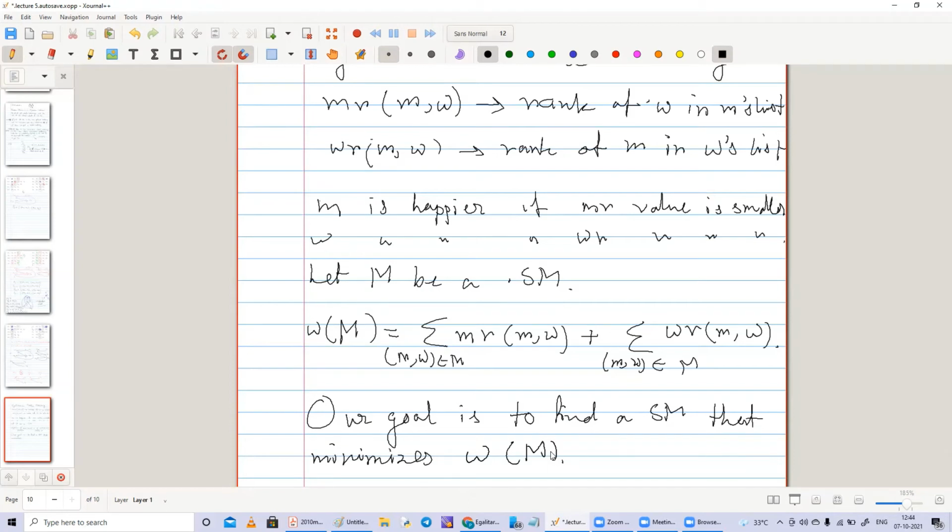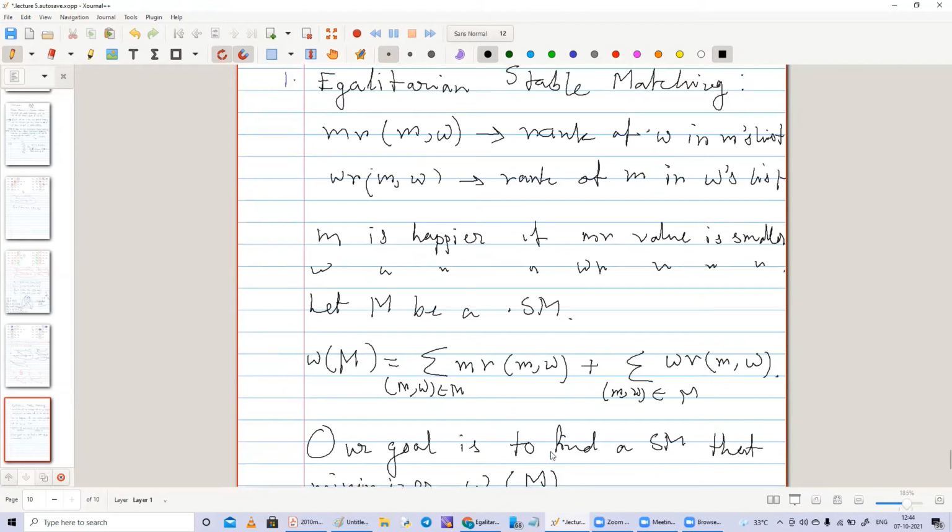Is this clear? So basically, here MR is the rank of W in M's list, and WR is the rank of M in W's list. If we take a stable matching, for each edge in the matching, we find the MR value and the WR value of that edge, and then we take the sum of all these values.